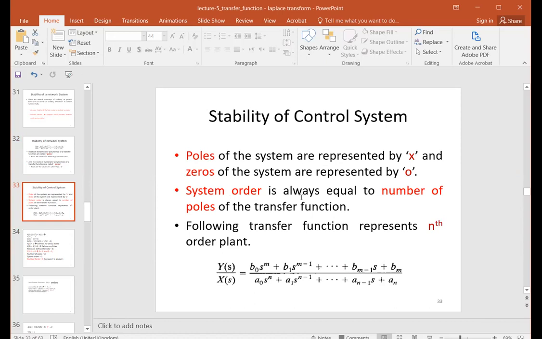And the system order is always equal to the number of poles of the transfer function. So if my solution for x has 3 values, let's say +1, -1, -2, then the order is 3. We look at the poles.